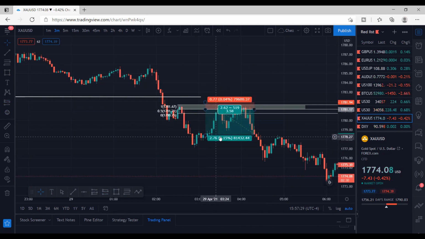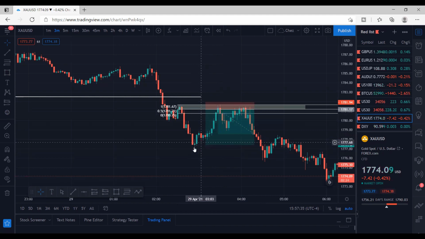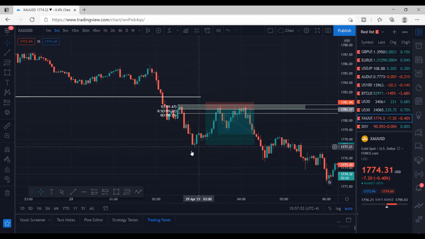And then you would have your take profit here at this structure point right here. The reason being is there would be a lot of people maybe looking to buy at this point, having their stop losses below here. So what you're doing is you're buying here and you're actually hunting the stop losses at this point right here.